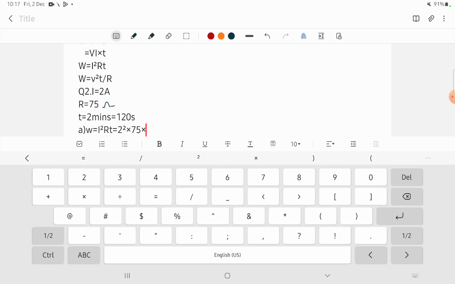Everything is given in SI, and time is equal to 120. So the answer will be 36,000 joule.